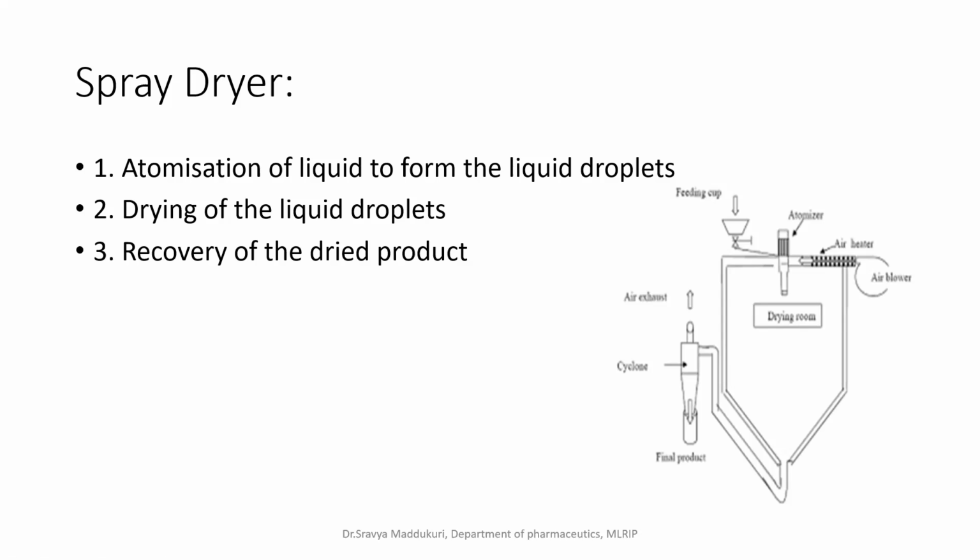Feed here is your solution or suspension, sprayed in the form of tiny droplets by using an atomizer. Now this atomizer will spray your liquid in the form of tiny droplets, and as soon as the tiny droplet comes in contact with a hot air environment, the droplet dries and forms a small particulate solid material which is completely dried, right?